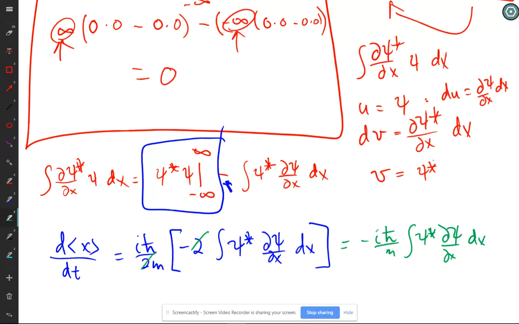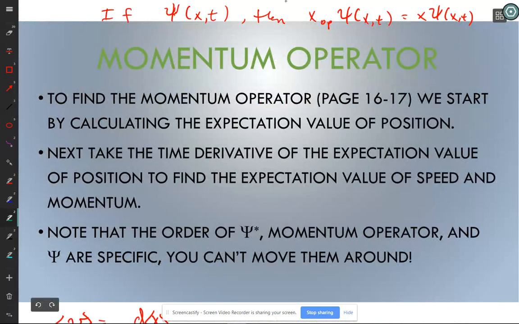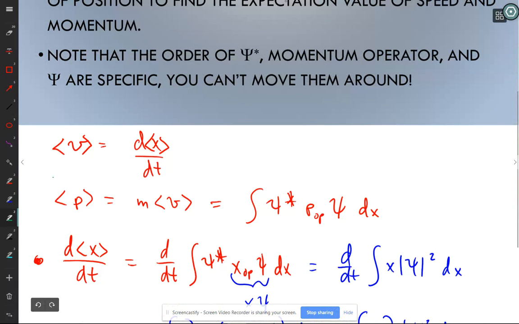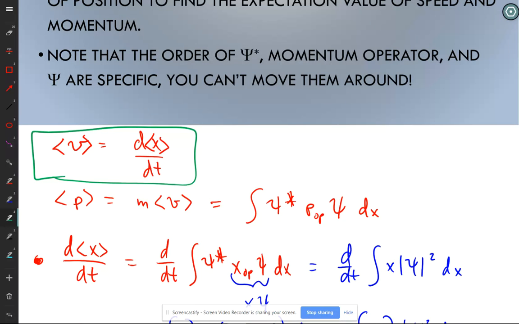Now let's go back and remember why we did this. Going back to our strategy, the first thing we did was find the expectation value for velocity. And now we're going to say the expectation value for momentum is m times that.